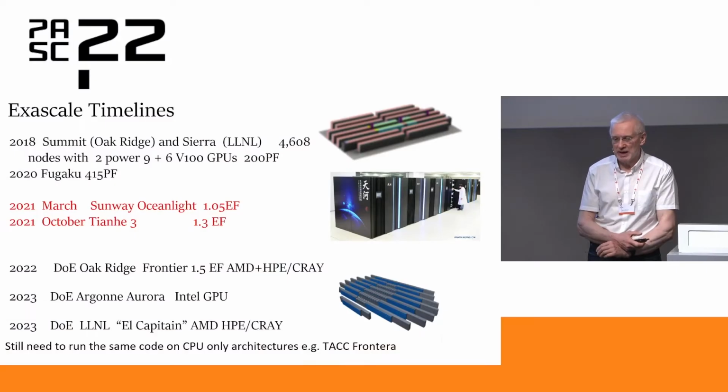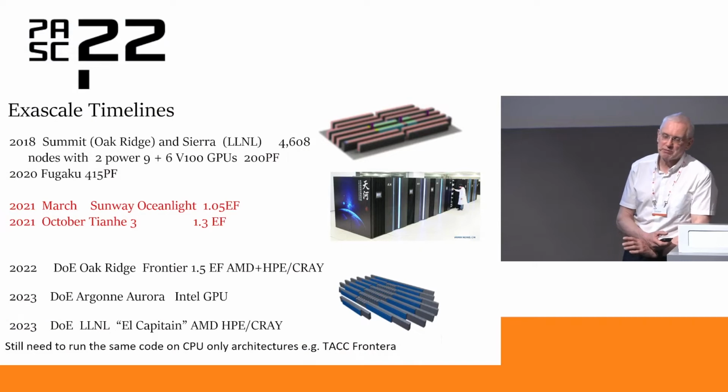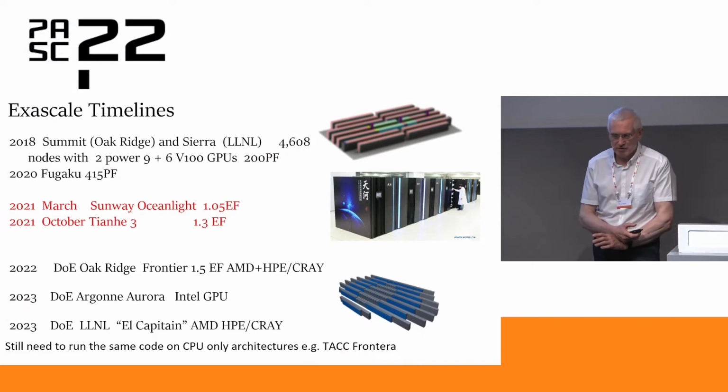There are two Chinese machines about which I don't know very much, except there have been reports in the open computing literature about exascale performance, the Sunway OceanLight and the Tianhe-3 machine. And now we have Frontier, and we have two other machines coming in short order, the Aurora machine, which is Intel GPU-based, and El Capitan, which again will be an AMD machine like the Frontier machine.